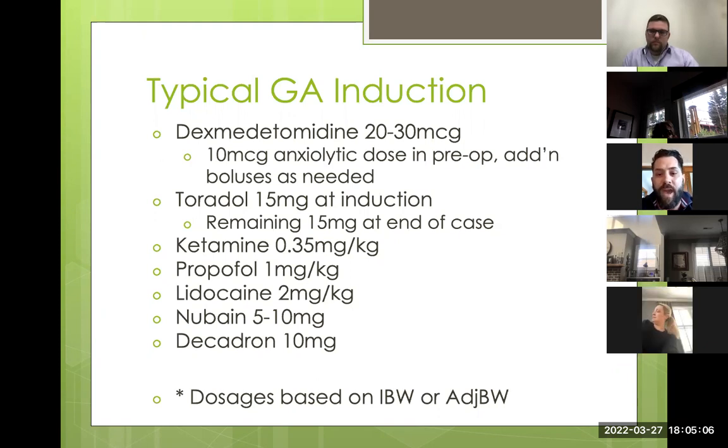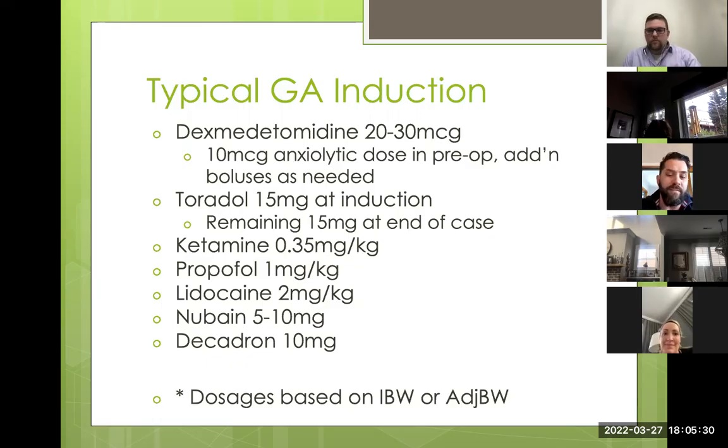You don't need to make them apneic with propofol, and that's what I teach my students: let's get them sedated, let's use those medications to get them to stage 3, and then we'll use the rocuronium to make them suitable for intubation. But yeah, I give a lot less propofol than most people would.